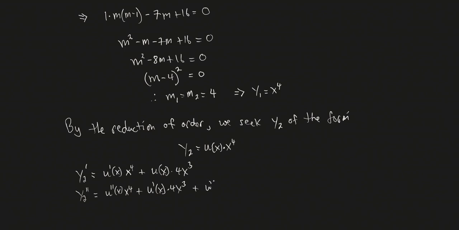So we'll have u prime of x times 4x cubed plus u of x times 12x squared.